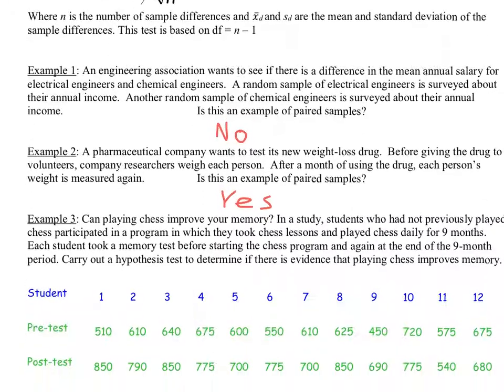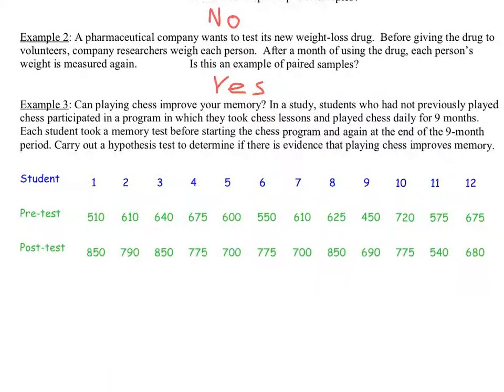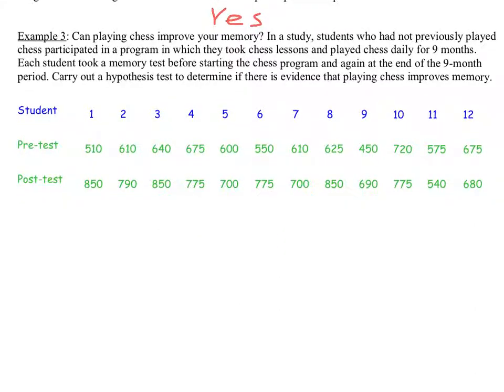And now on number 3, we're going to carry out an entire hypothesis test. Can playing chess improve your memory? In the study, students who had not previously played chess participated in a program in which they took chess lessons and played chess daily for 9 months. Each student took a memory test before starting the chess program and again at the end of the 9-month period.